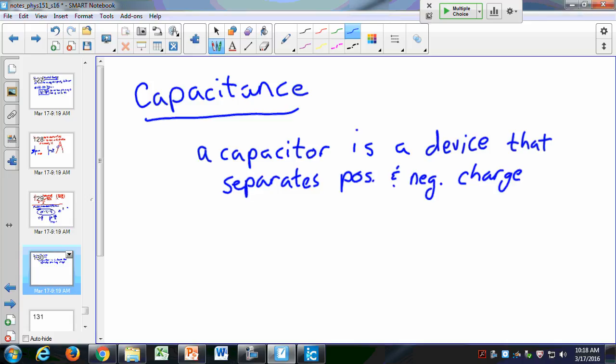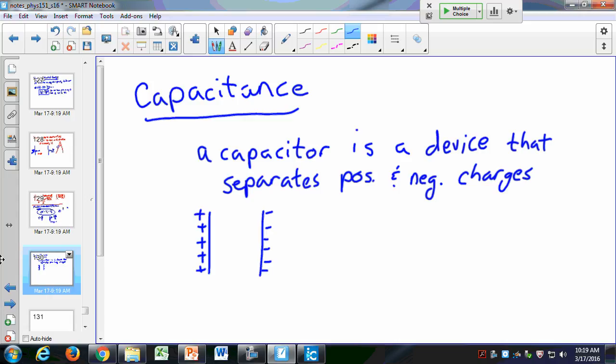I think that's an okay way to think of it. Or you can think of it, too, as a device that stores positive and negative charges. And we talked about how we had two plates. On one of these plates, we'll have positive charges, and on the other plate, we'll have negative charges. So it does separate positive and negative charges, but it will also store those charges. So a capacitor is just a device that separates or stores these positive or negative charges.